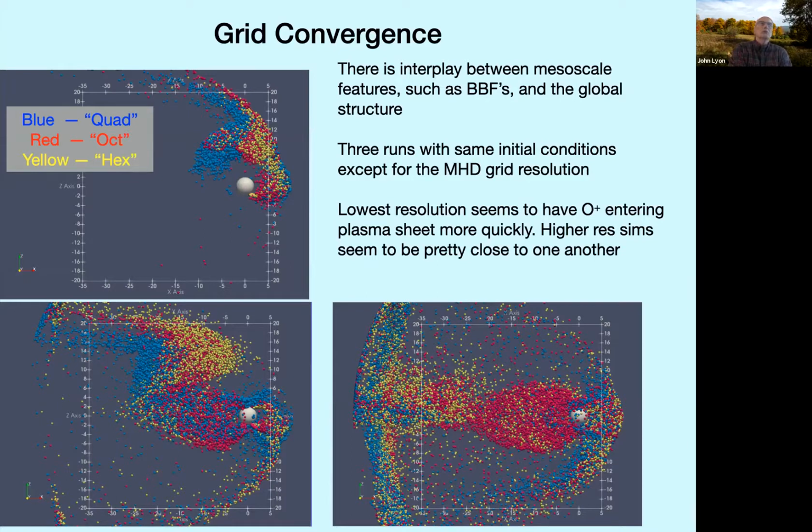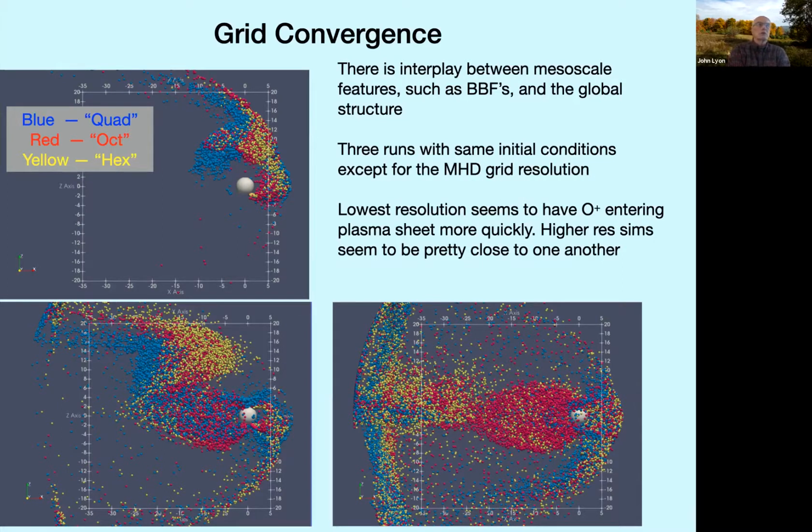The blue points are what you get at a given time using a quad calculation, which is 4 times coarser than the yellow hex calculation and 2 times coarser than the red oct.